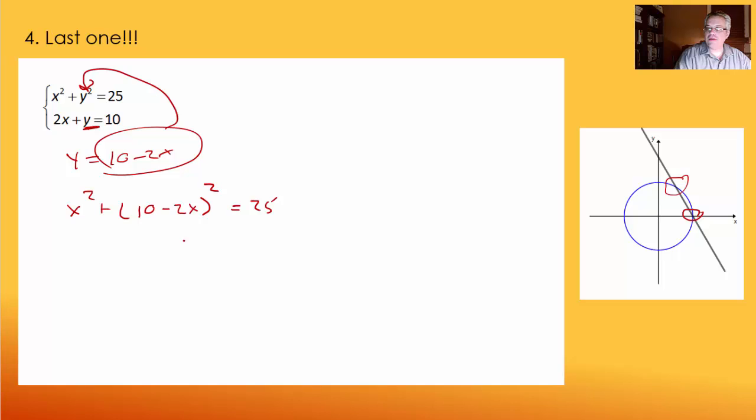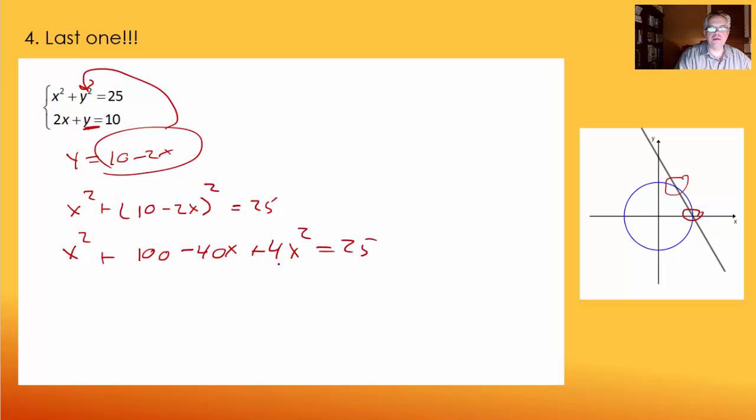If this calculator is allowed, I'd be on this already, having my calculator solve it. But here we go. I'm going to show you how to do it by hand. So we have x squared plus, when we square this, we got to FOIL this out. So it's 100. It's going to be minus 20x, and another minus 20x is minus 40x, plus 4x squared equals 25.